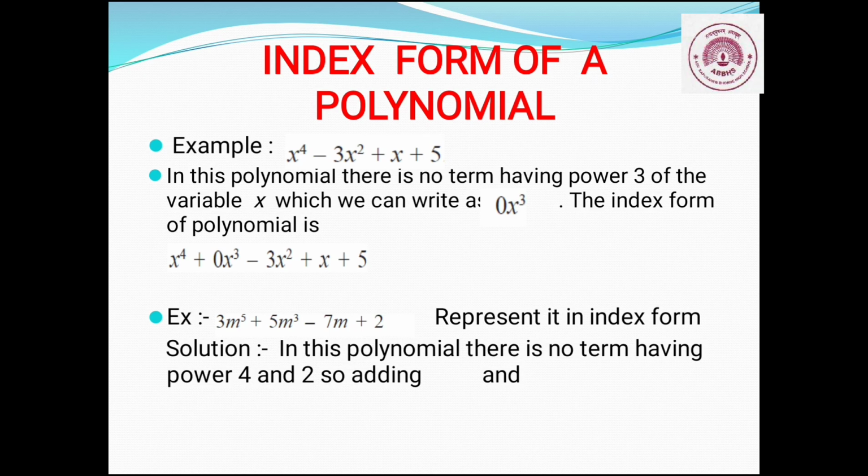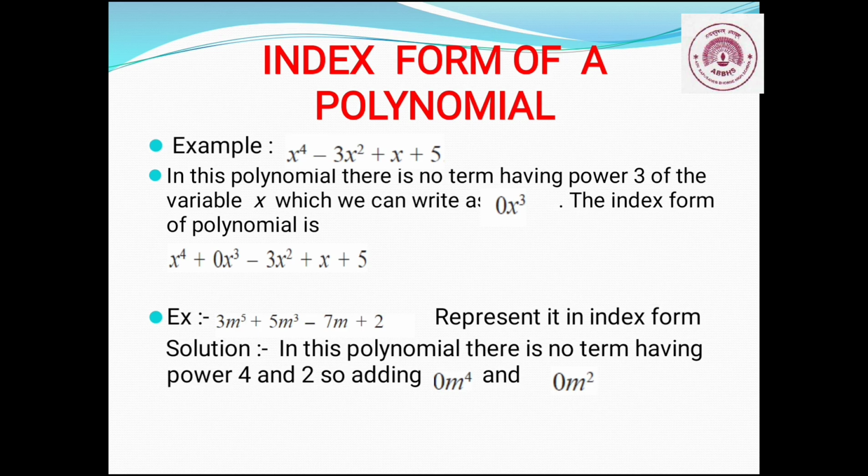3m raised to power 5 plus 5m cube minus 7m plus 2. Represent it in index form. Solution. In this polynomial, there is no term having power 4 and 2. So, adding 0m raised to power 4 and 0m square.